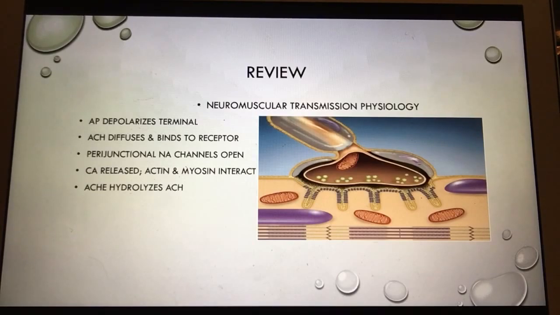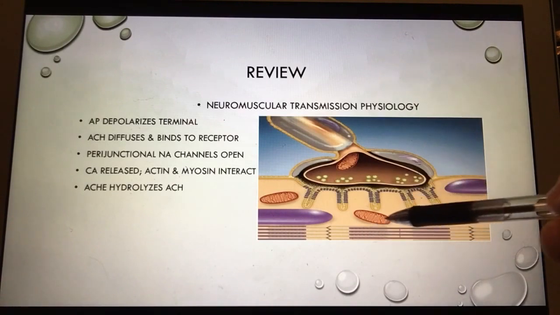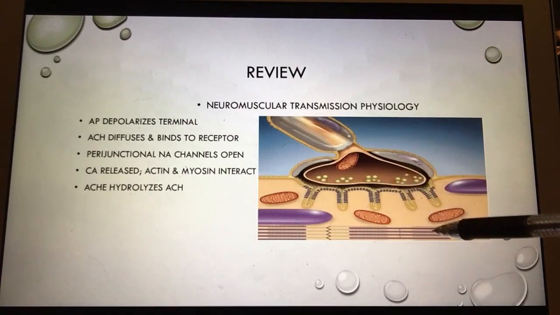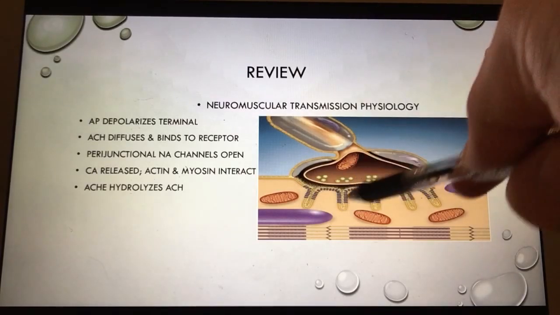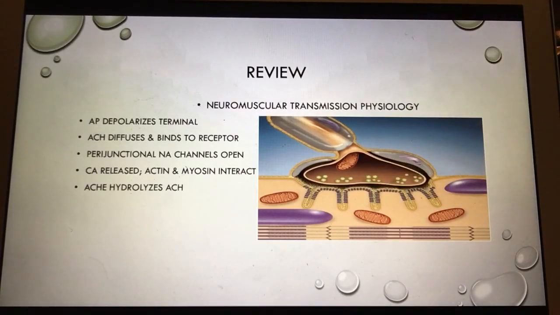This intracellular calcium release allows actin and myosin to interact then, and this is essentially what will cause the contraction within the muscle. After this has happened, the acetylcholinesterase, which is embedded in the motor end plates that I talked about, will then hydrolyze the acetylcholine.